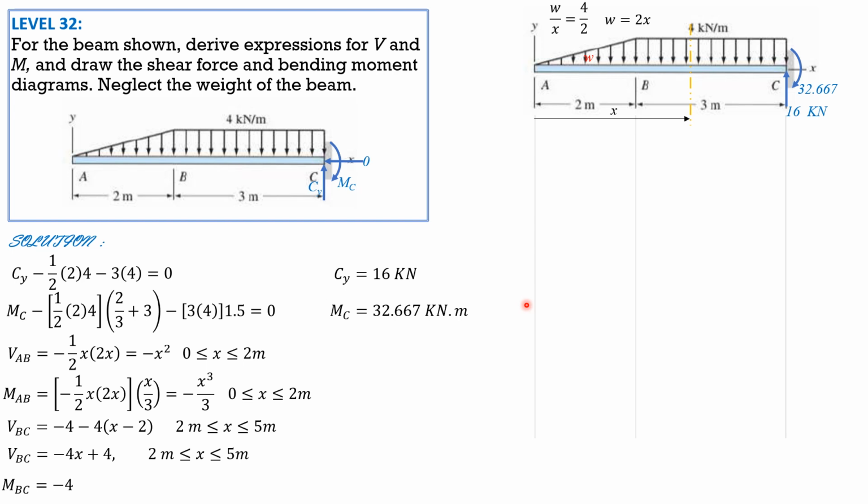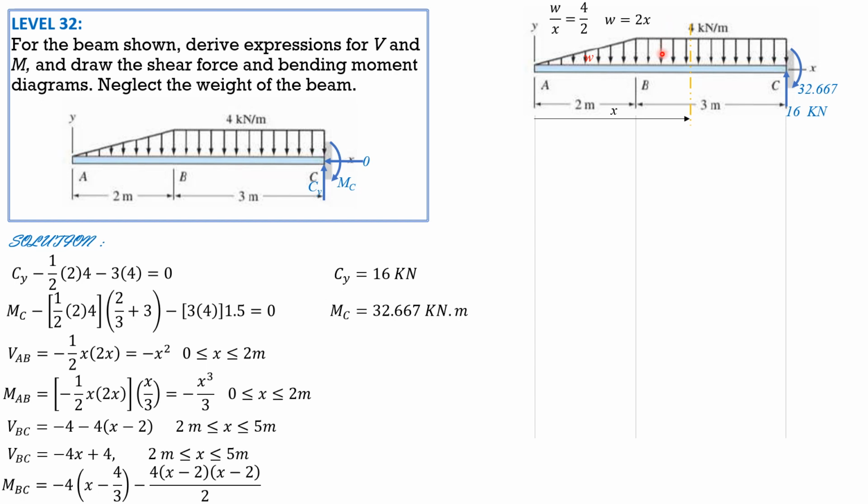For moment BC, it is negative 4, the moment arm is x minus 4/3. So negative 4 is equivalent to this area. Then its moment arm, which is this distance, is x minus this distance, and this distance is 2/3 of 2, or 4/3. Then minus 4 times x minus 2, the area of this rectangle.